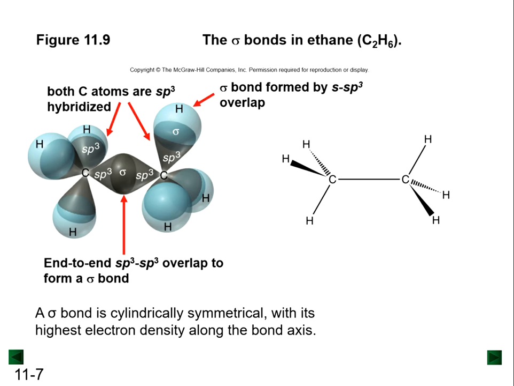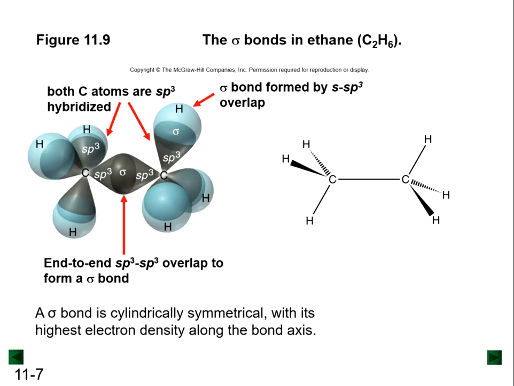Therefore, both carbon atoms are sp3 hybridized, and they form sigma bonds with the hydrogen atoms by the overlap between the hydrogen 1s and the carbon sp3 orbitals. The carbon-carbon bond, which is a single bond, and it's a sigma bond, is formed by end-to-end overlap of the sp3 orbitals from each carbon atom.